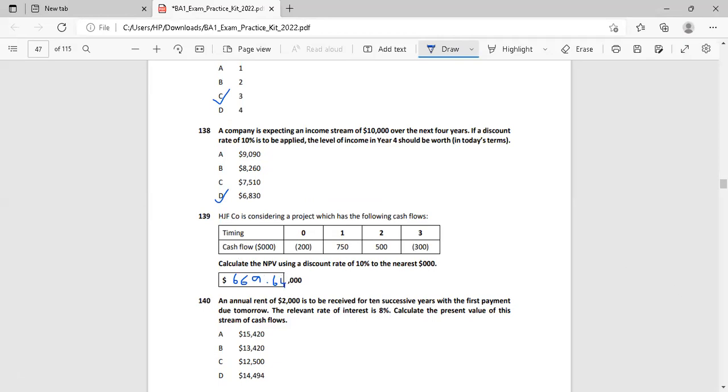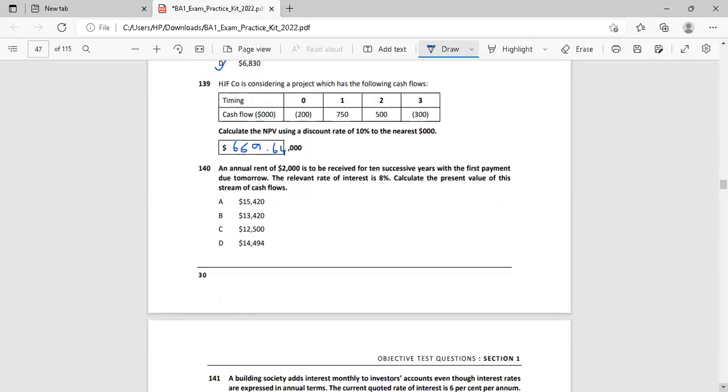Question number 140 says an annual rent of 2,000 is to be received for 10 successive years with the first payment due tomorrow. The relevant rate of interest is 8%. Calculate the present value of this stream of cash flows. Tomorrow is as good as today, so it is year 0.